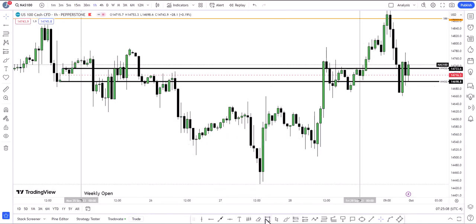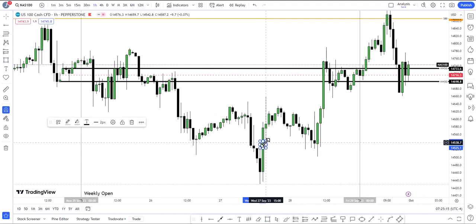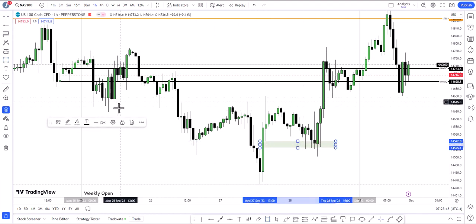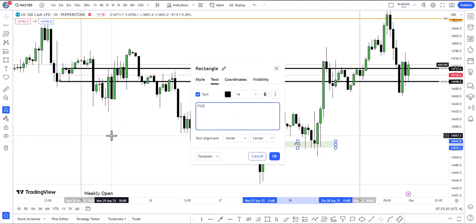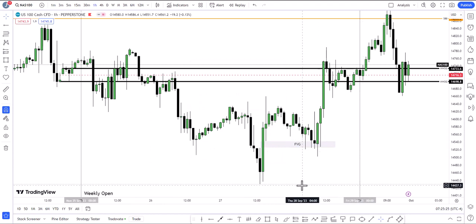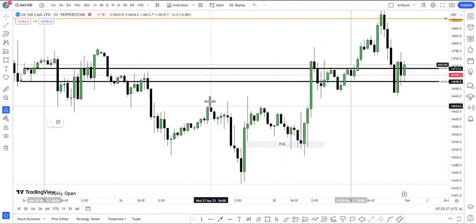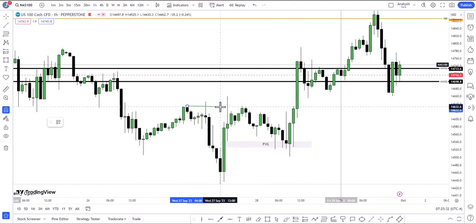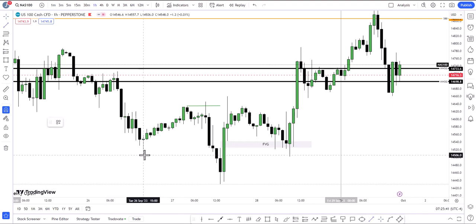So as you can see here on an hourly perspective, down here we have our fair value gap. Right there. As you can see, a nice little stop raid going into New York, seeking these lows here.